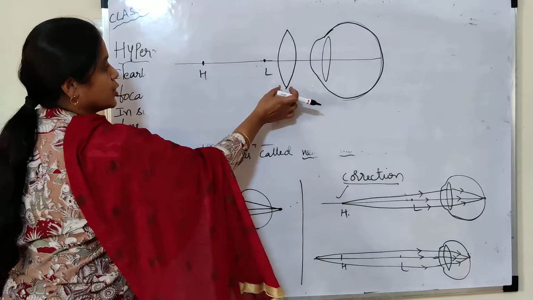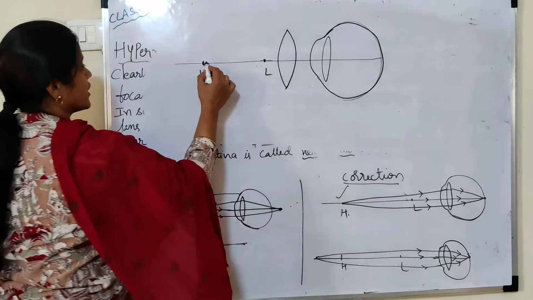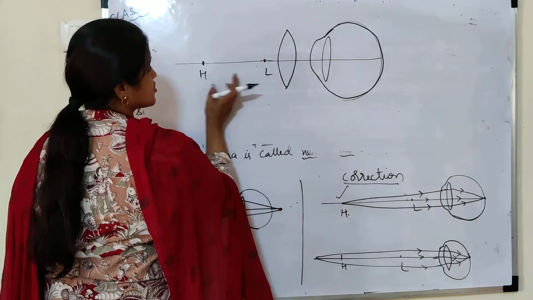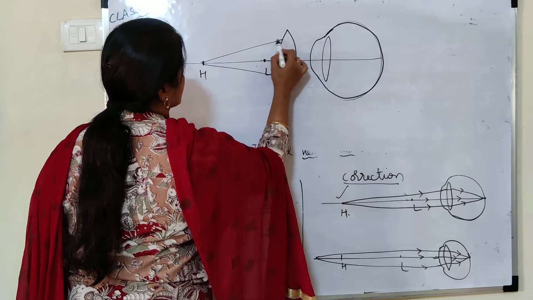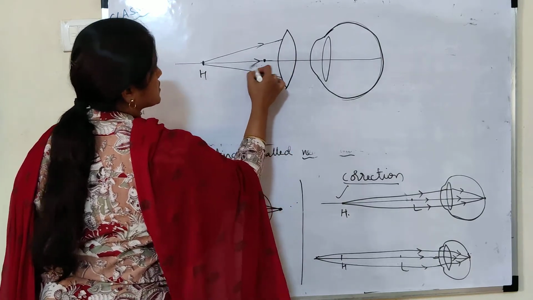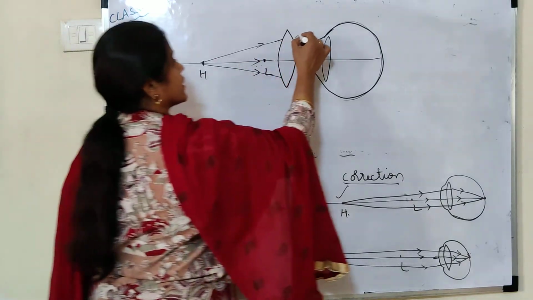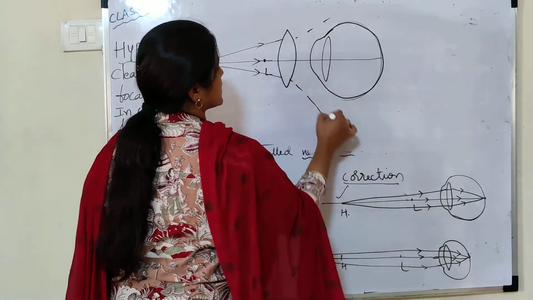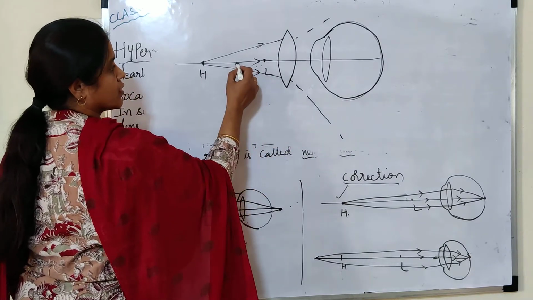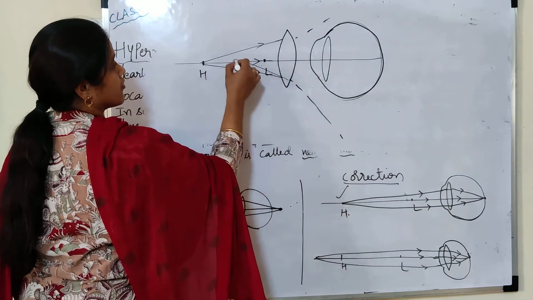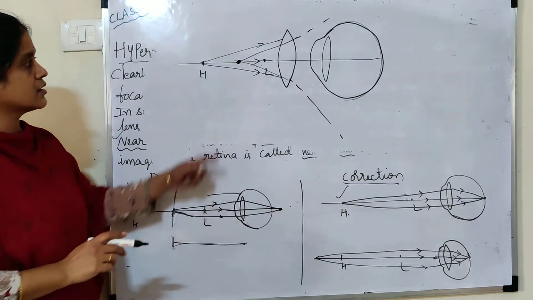If they use a biconvex lens, then from H it is near only, so the rays are diverging. When the diverging rays fall on this convex lens, they appear to meet at one point, so here we get the image.